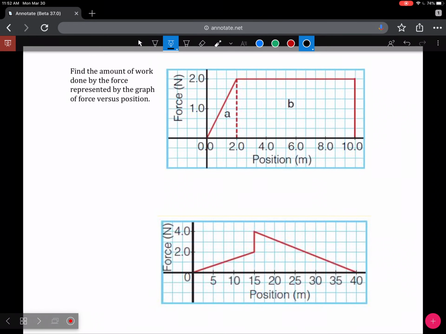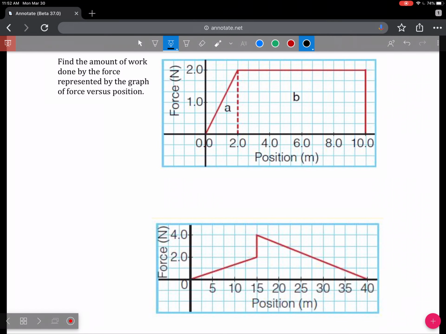Staying focused on these next 2 graphs, basically what you want to do is just divide the region into 2 shapes that you can work with. In this one we have a triangle, and here we have a rectangle. So the work that's done is equal to area 1 plus area 2. The first one is going to be 1/2 base times height, and the second one is going to be length times width. So we have 1/2, the base is 2 meters, and the height is 2 newtons.